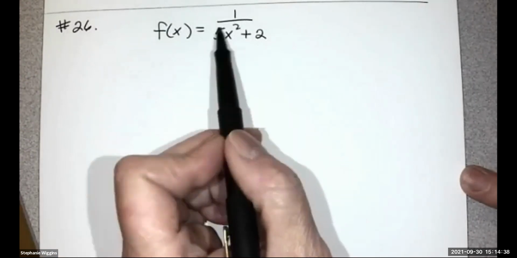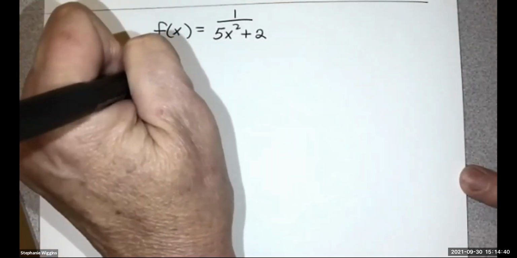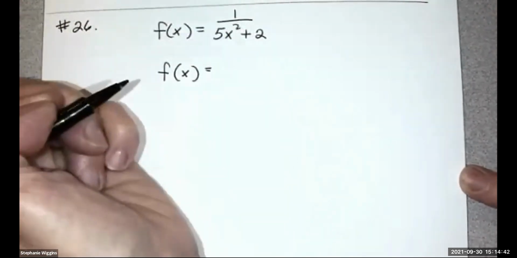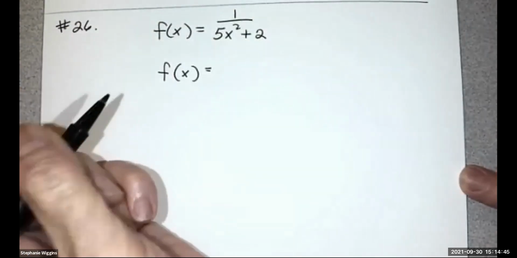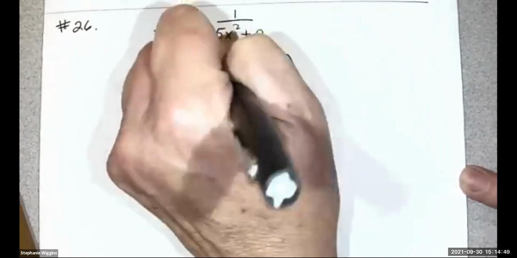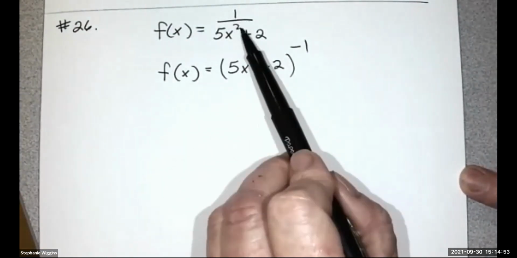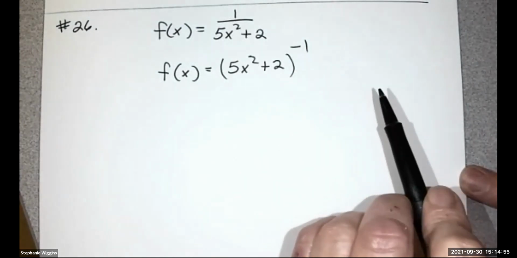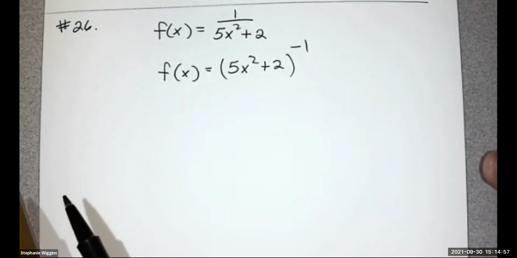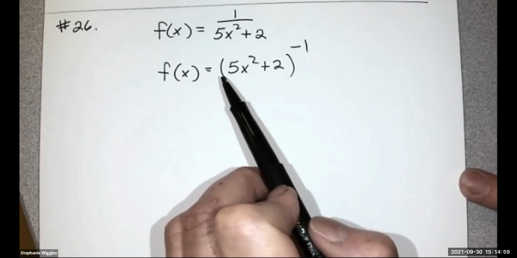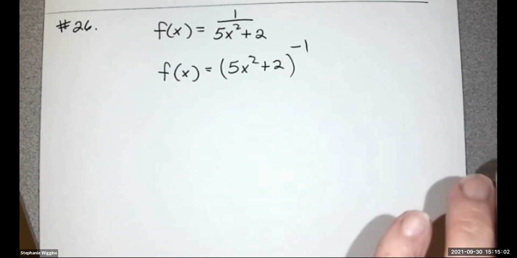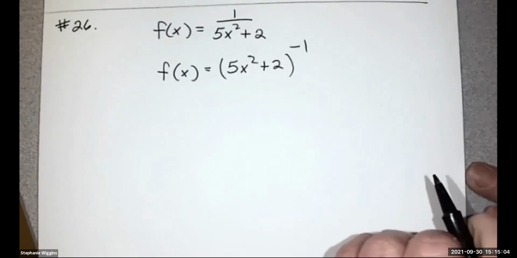The fact that it's in the denominator just means that I'm going to have f of x equals 1 times 5x squared plus 2 to the negative 1. So this is another way of writing this fraction, okay? And you say, well, what happened to the 1? Well, think of this as 1 times that. And we don't need to write the 1 there.